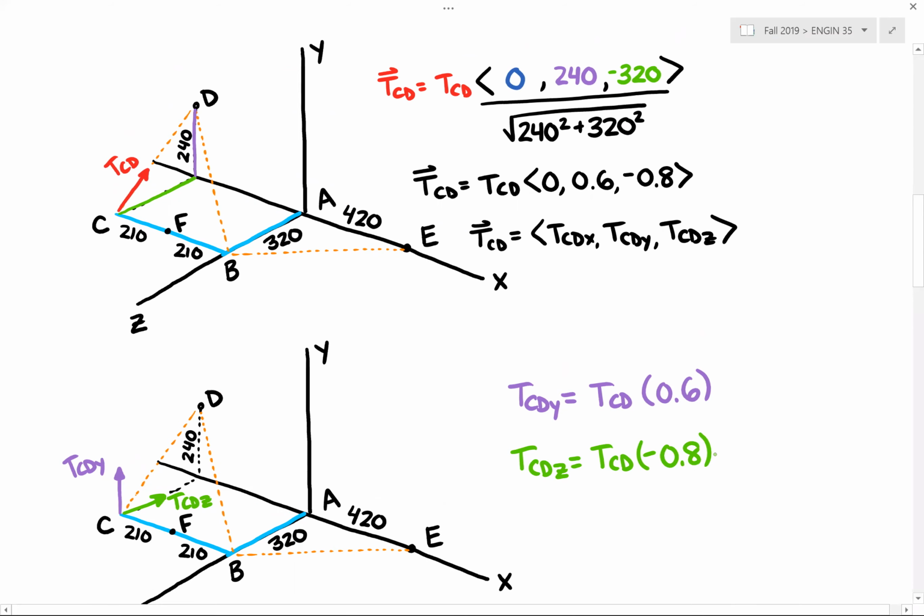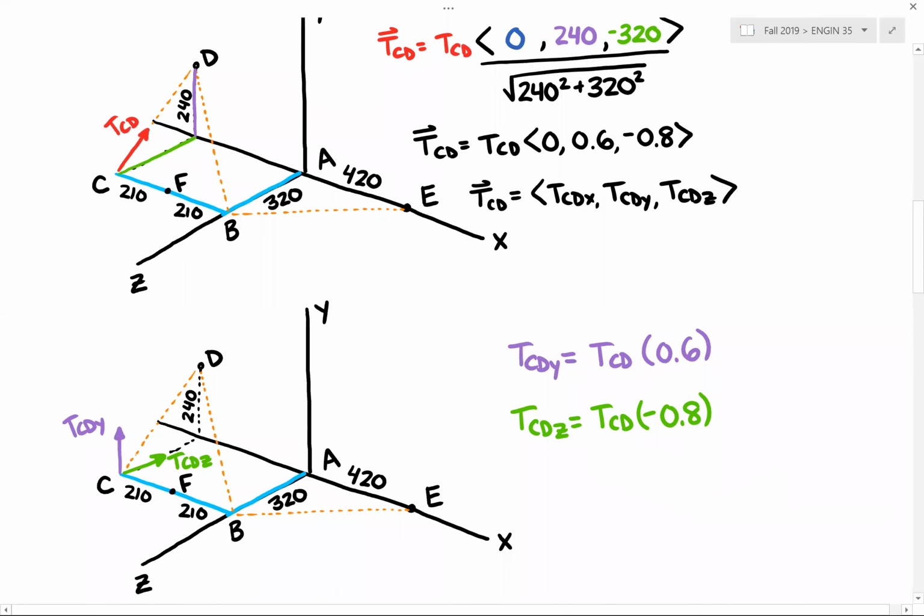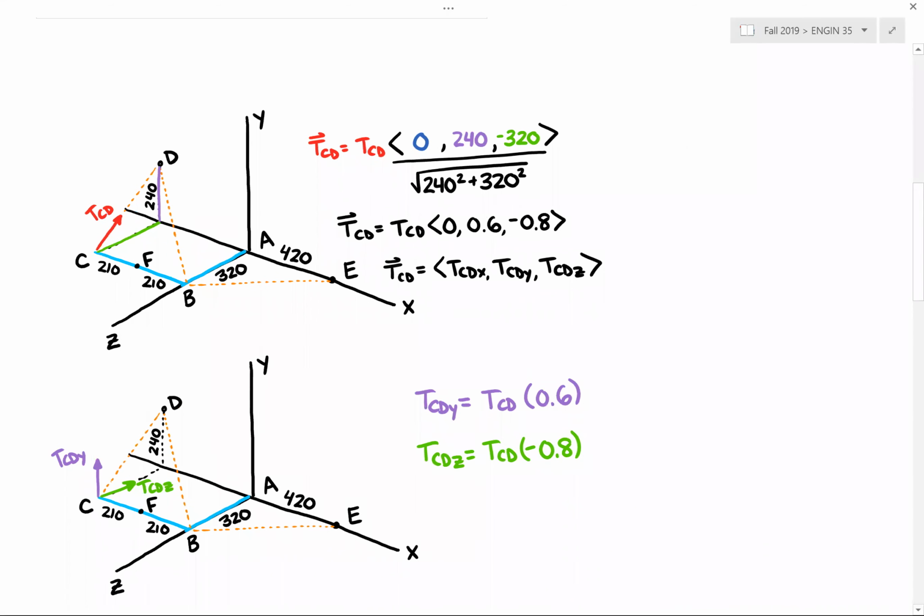So it's pointed in the negative z direction. So this step has allowed us to turn this red vector here into 2 different components, the y component and the z component. We need to do this for each one of our vectors.